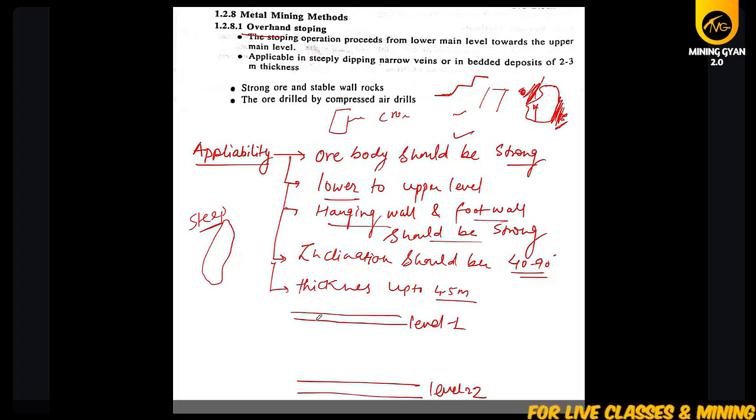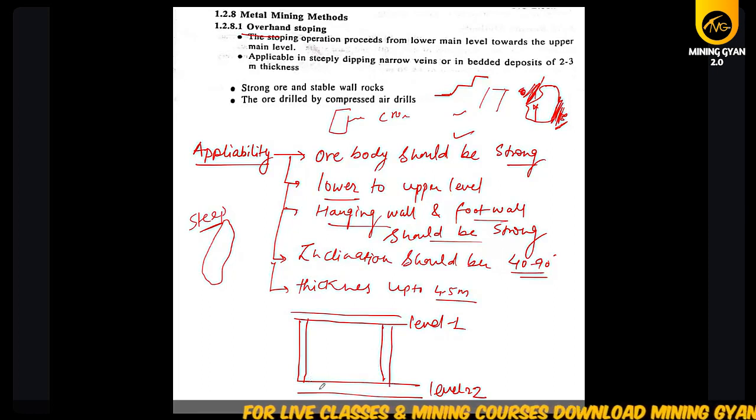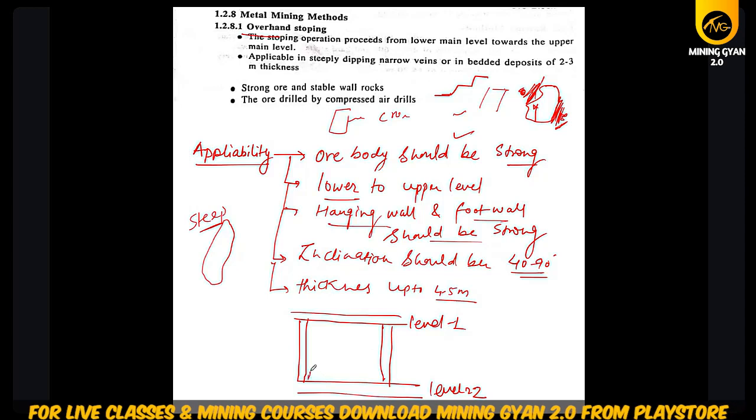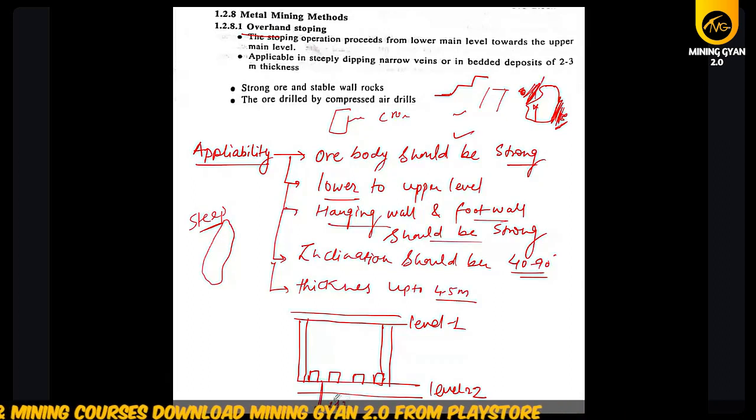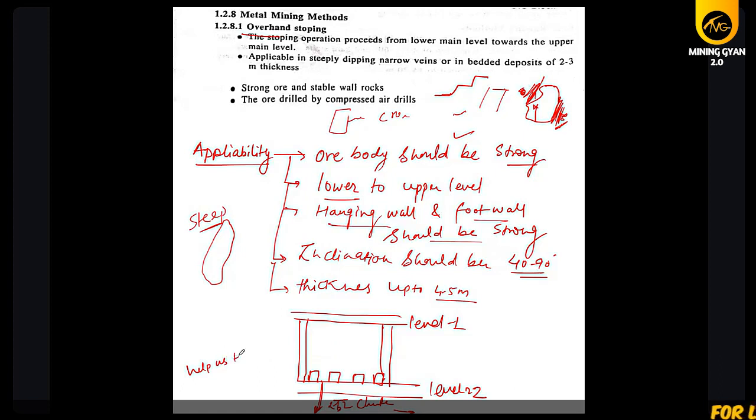So this is your rib pillar, this is your rib pillar. So first we will do preparatory work and create a seal pillar, and this gap is known as chute, which helps us to extract this gap.